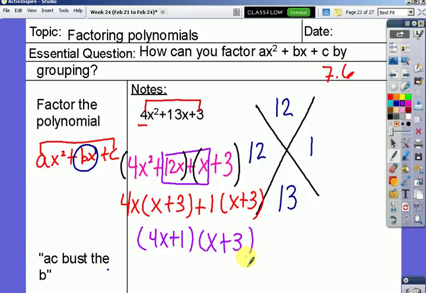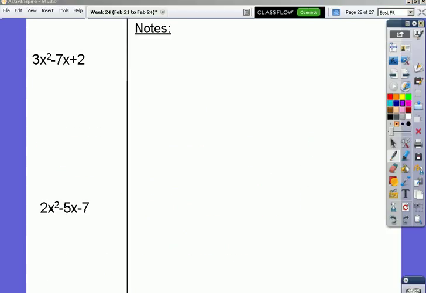Okay, let's try another one. Okay, so you tell me what to do. What do I look for first? Yeah, but before that I look for a what? GCF. Is there a GCF? No. So now, A times C, 3 times 2.